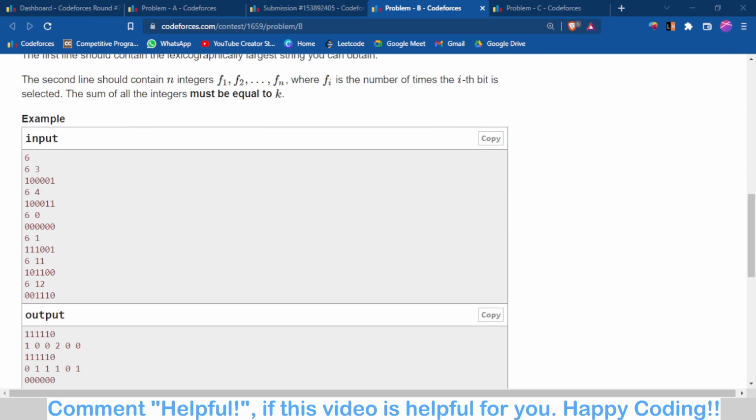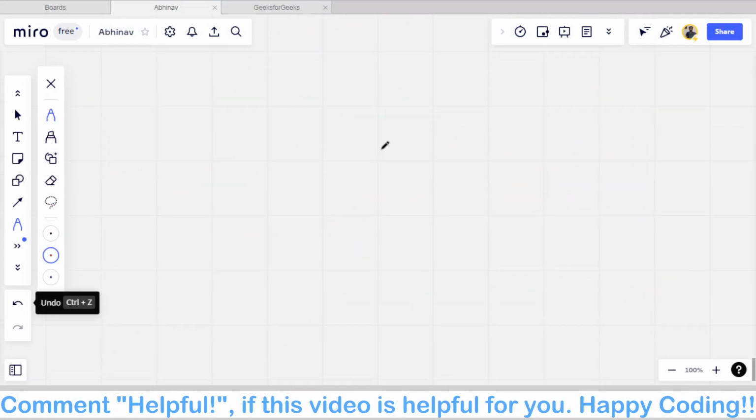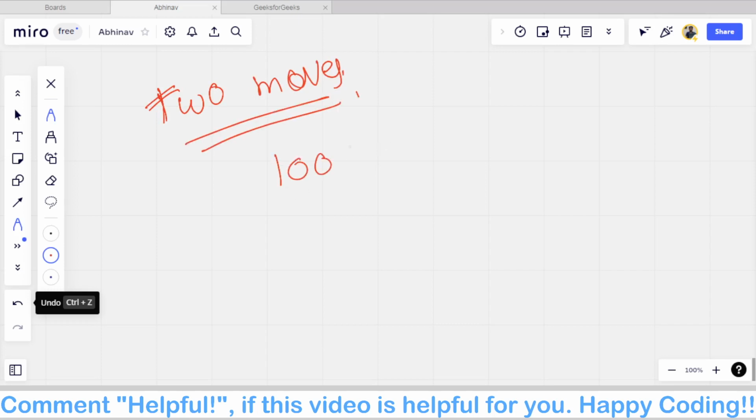That is what I have done. First of all, after doing two moves, what are we getting? This is what I have got. For example, we have a string like this. In one move, I can pick this one and the others will become like this.